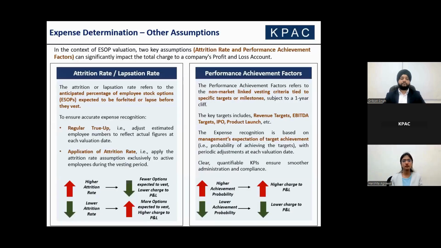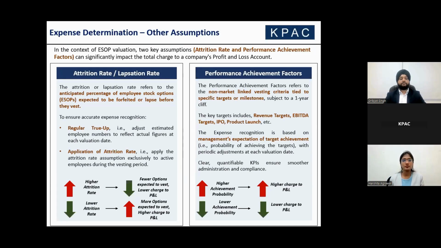Okay. So now that we have covered the basics of ESOP expense recognition, let's talk about the other two key assumptions that can significantly impact the total charge to a company's P&L. These are lapsation rate and performance achievement factors.